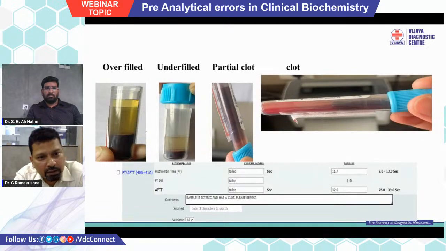Here you can see the overfilled and the underfilled coagulation citrate tubes, the blue colored ones, and in both cases, the coagulation assay will be abnormal because the ratio of 9:1 is not maintained.